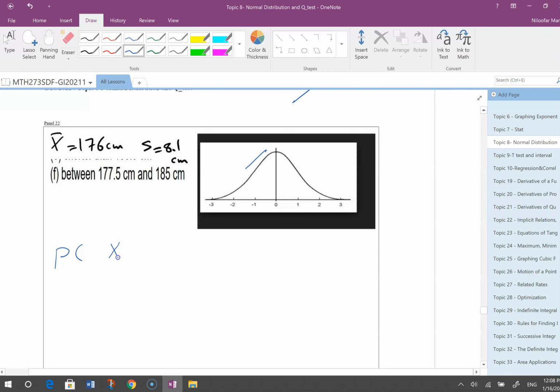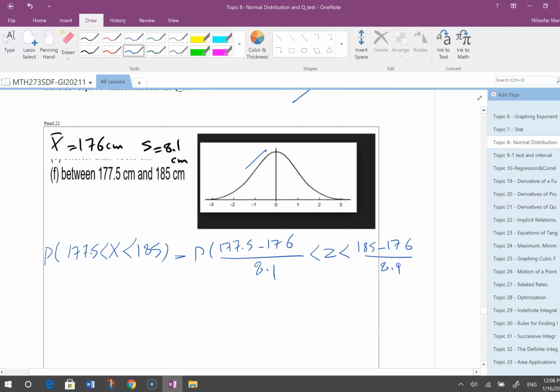So you do probability more than 177.5 and less than 185, and then you do probability (177.5 minus 176) divided by 8.1 less than Z, and less than (185 minus 176) divided by 8.1.